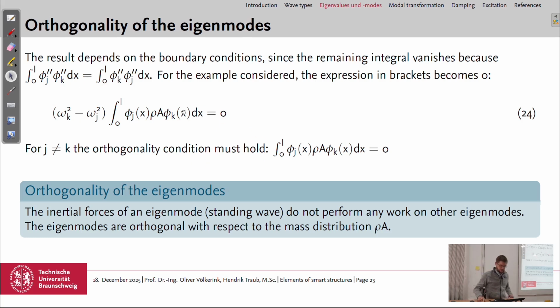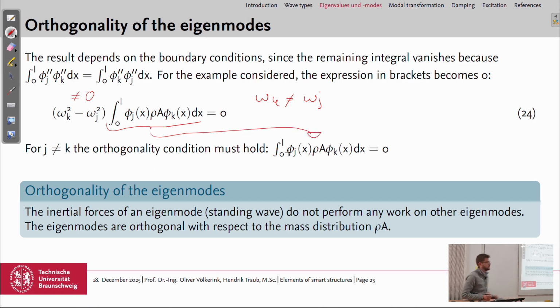And what we can see from this, if the overall expression should be 0, and we say that we want to have that k and j are different eigenmodes, then they have different eigenfrequencies. So these are not equal. If they are not equal, then this can't be 0 here in front. And with this, it must hold that the integral is 0.